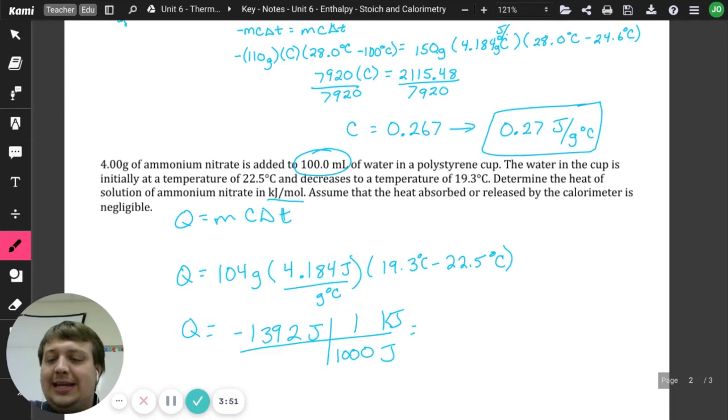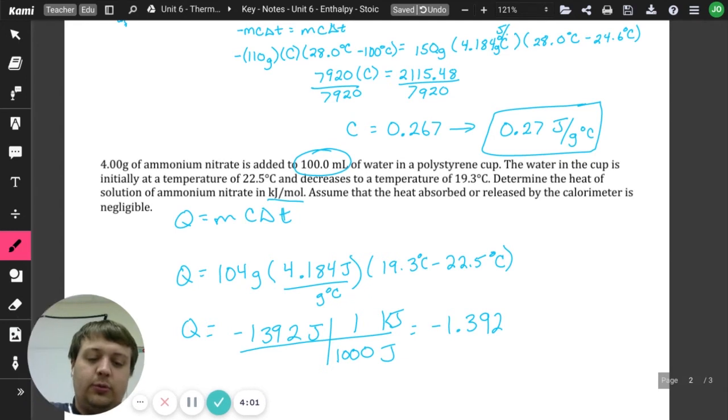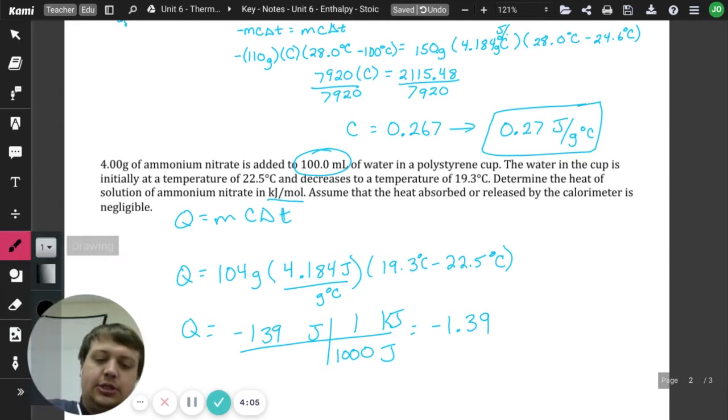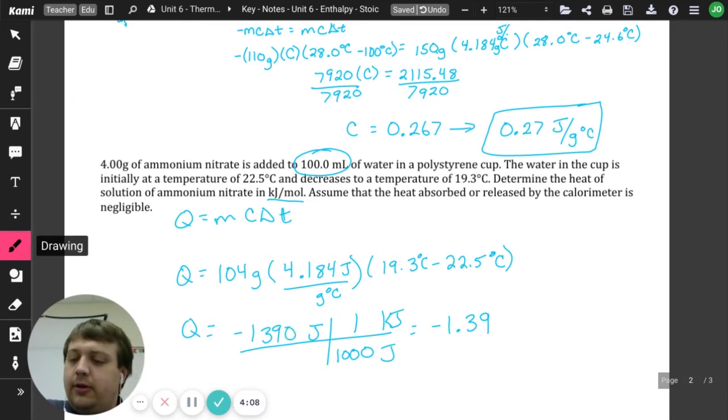Solve for that, and I'm going to get negative 1.392. Well, with sig figs, it should just be 1.39. So I should go back in and change this to a 0 here. Okay, so 1.39 kilojoules. But they want to know kilojoules per mole.